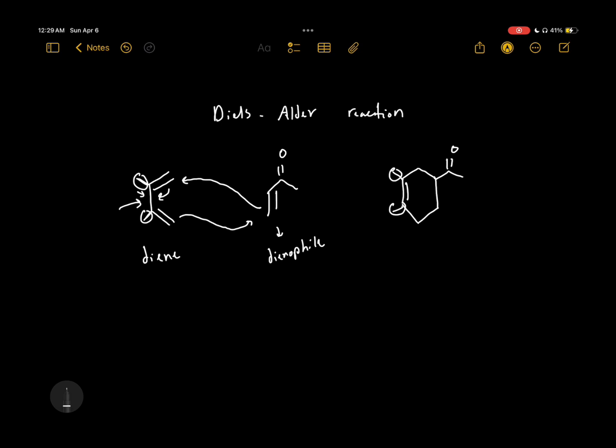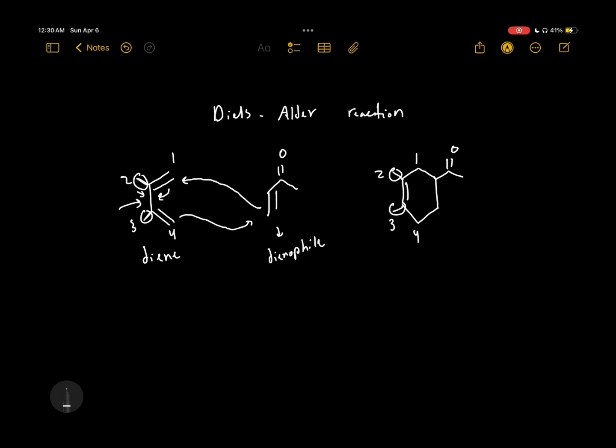I think one thing that is going to be really helpful for this reaction is your numbering. So you can number this as 1, 2, 3, and 4. And as you can see, this would be our 1, that would be our 2, 3, 4.